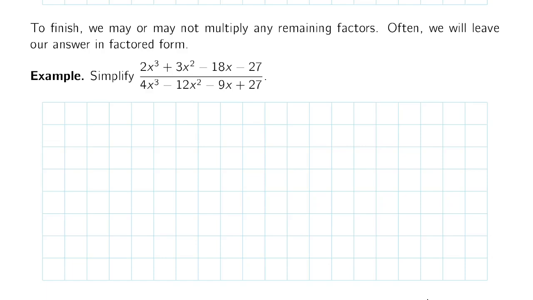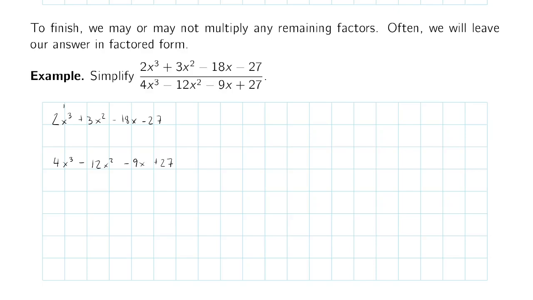Instead, we need to take our numerator, 2x^3 + 3x^2 - 18x - 27, and our denominator, 4x^3 - 12x^2 - 9x + 27, and we need to factor them.